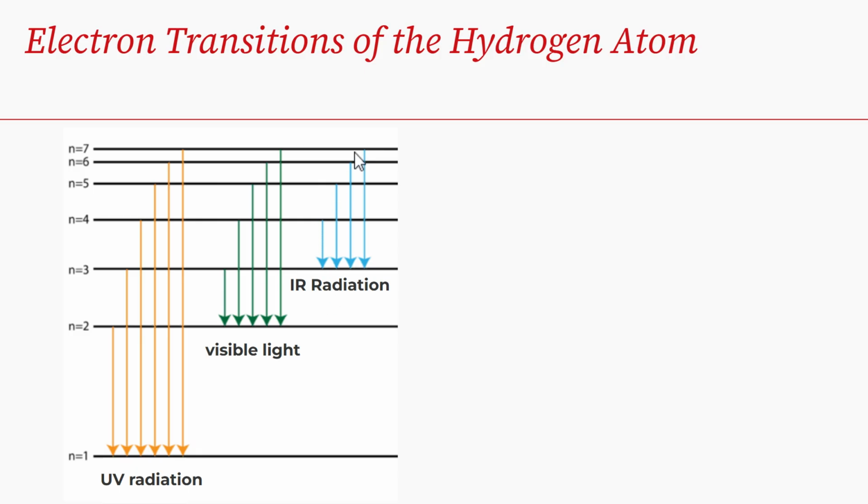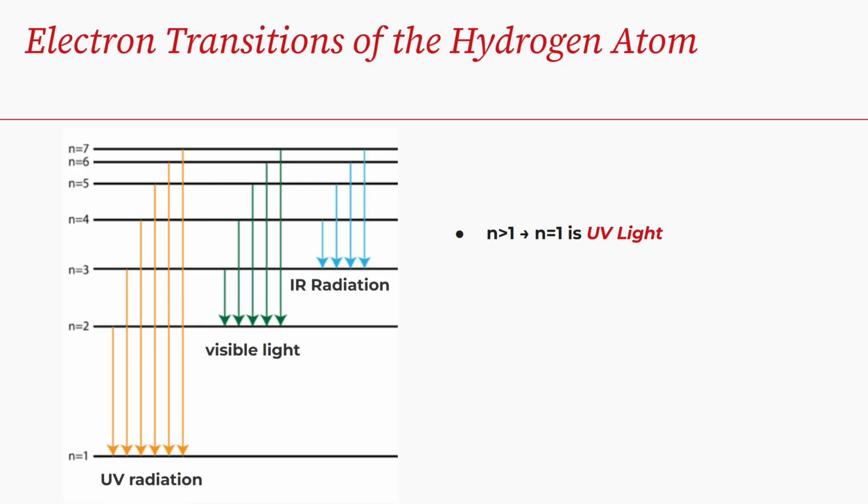So when an electron goes from a higher level to the third energy level, that actually emits infrared radiation, because it is a smaller difference, so less energy, bigger wavelength makes infrared radiation. When something travels to the first energy level, because it requires a lot more energy to go there, smaller wavelengths, it actually is UV radiation.